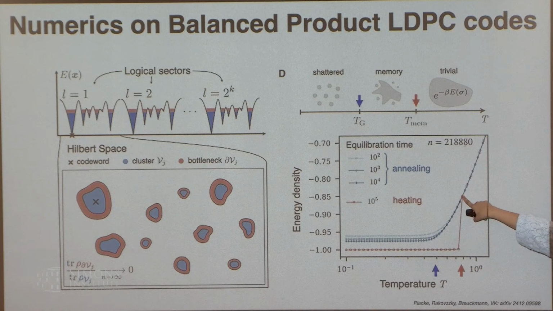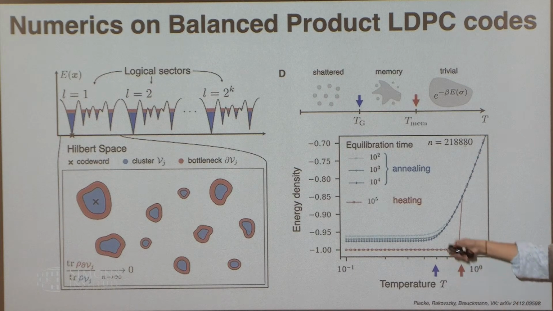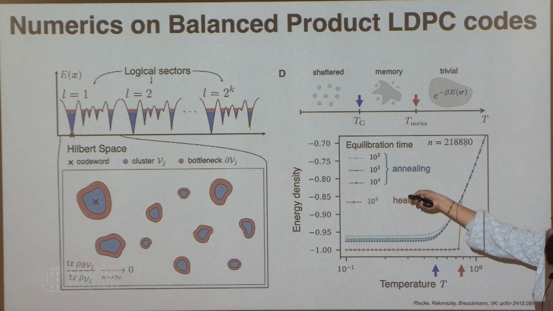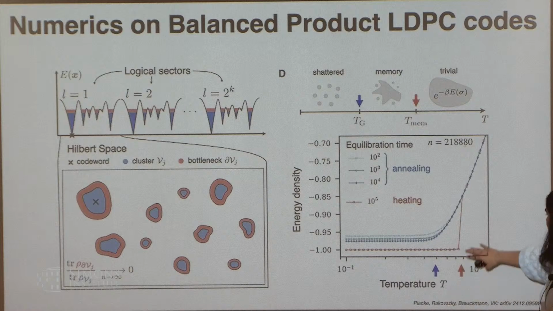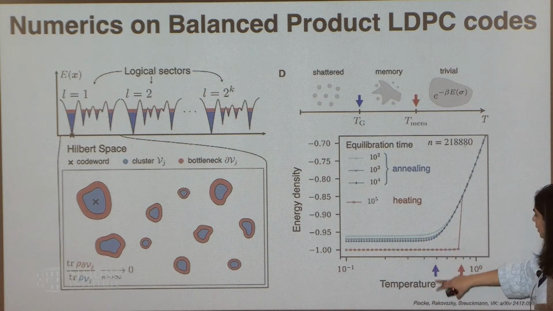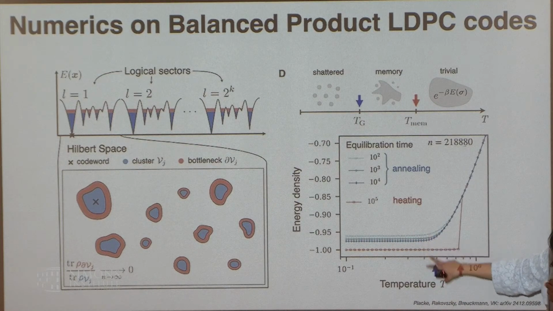Okay. On the other hand, if you do some cooling dynamics where you cool from high temperature, well then you get stuck in one of these highly excited wells. You don't really notice this temperature at all. You actually keep going, you get stuck, and then there's some glass transition temperature, which is a lower temperature than this heating temperature.